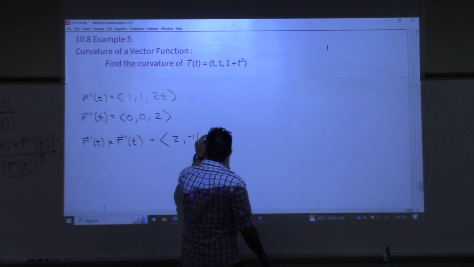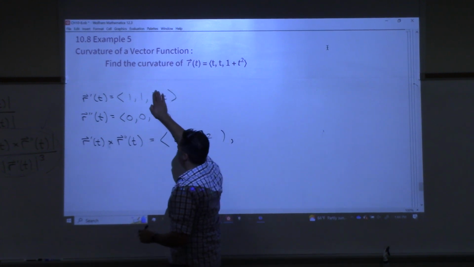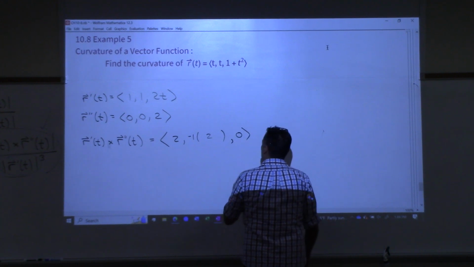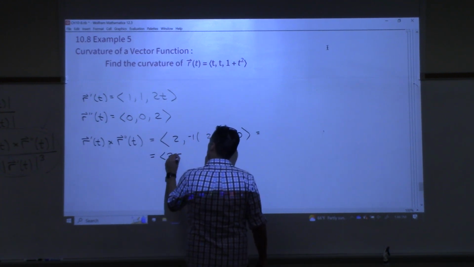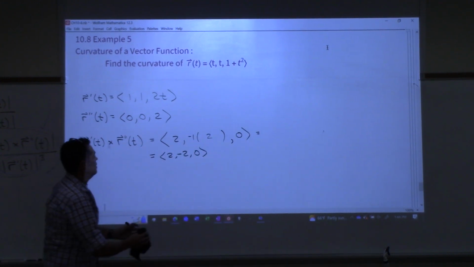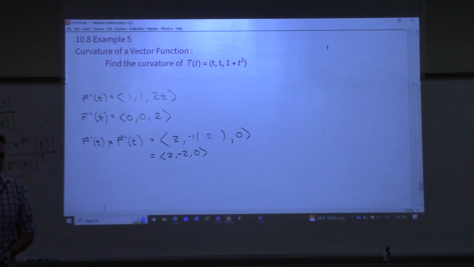So 2, and it'll be negative. And then the last one, 0. So this is the vector 2, negative 2, 0. Okay with that? That is your cross product of your first and second derivatives.